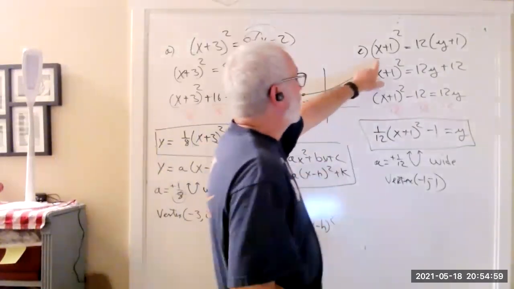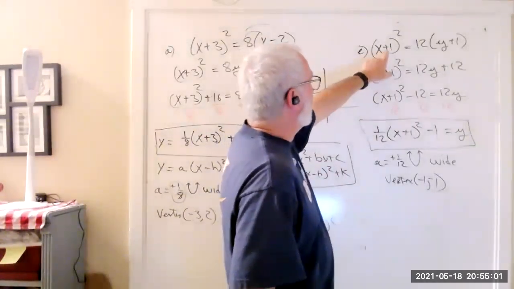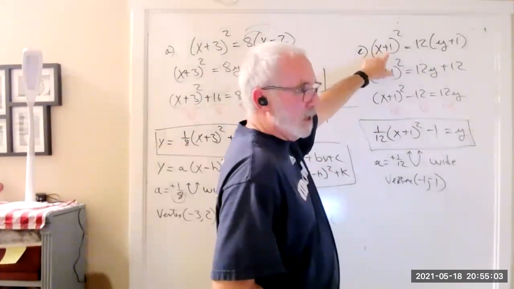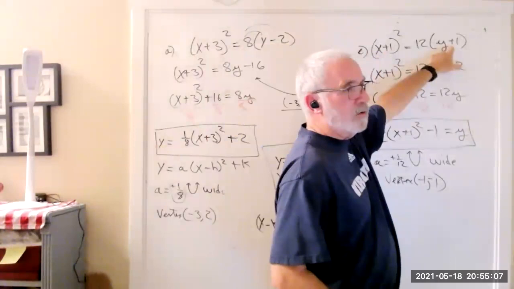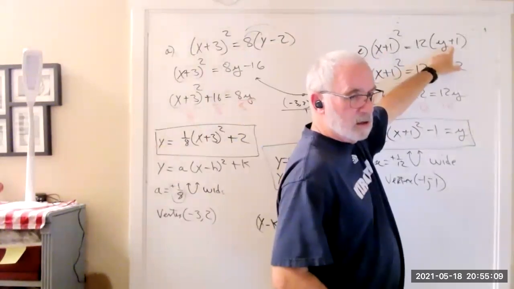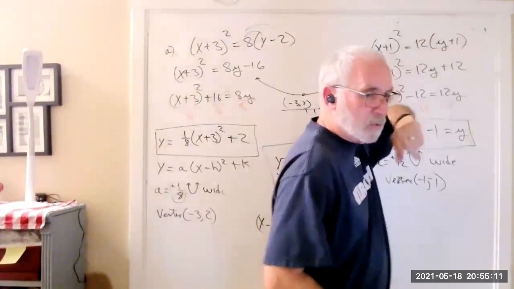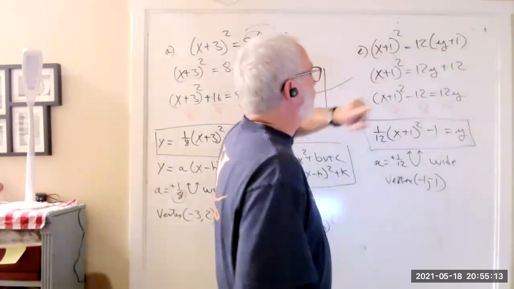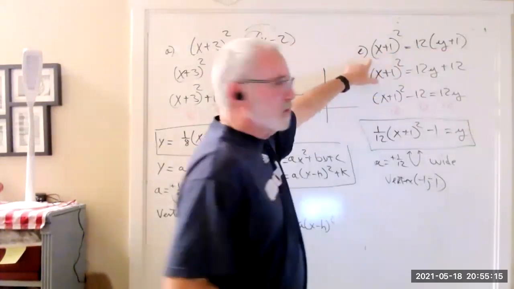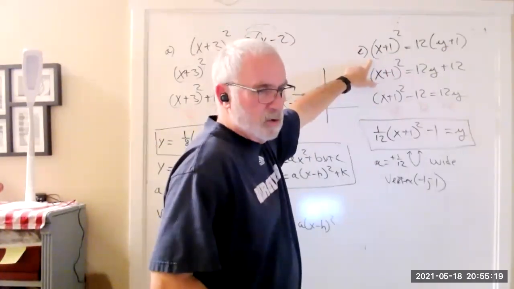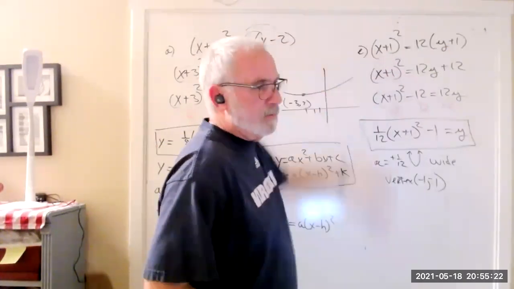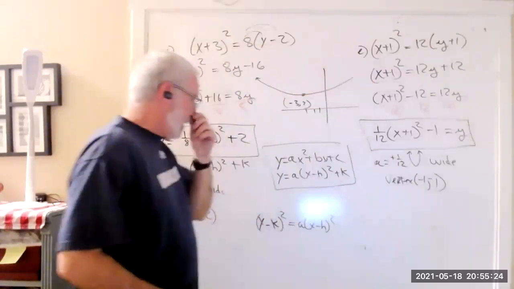So back up here, in its original form, I see a positive one, I use a negative one for x. I see a positive one, I use a negative one for y. It always works. With the one exception, you still need to move the 12 over, because you still have to get the a value. But other than that, that's the third way.